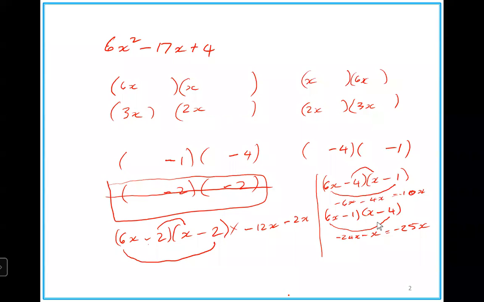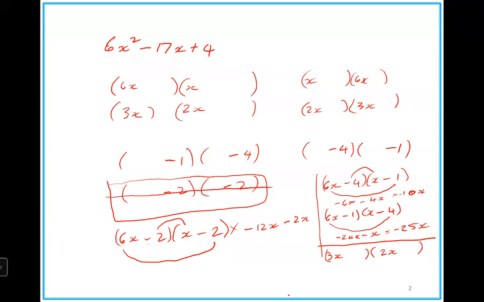Okay. So the other option we have then is to use the 3x and the 2x. Okay, so let me start with 3x and 2x.